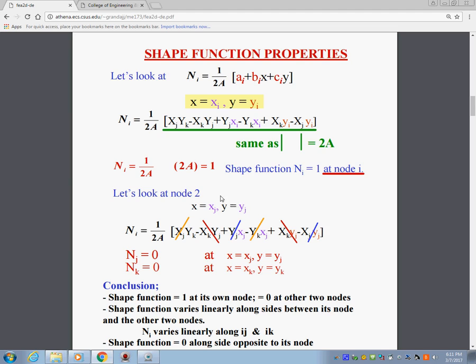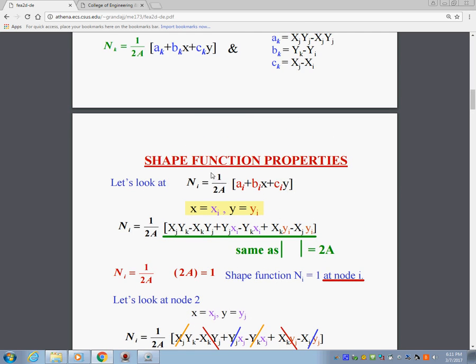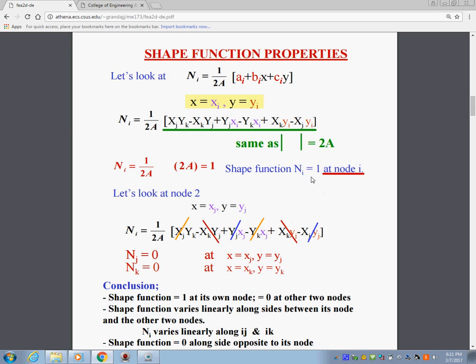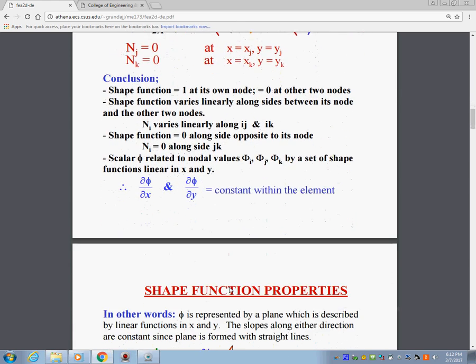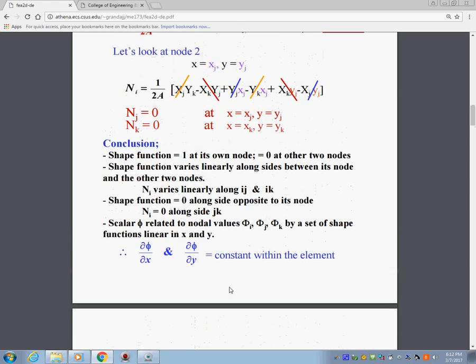if you do this, you're going to see that the shape function expression, this one right here, has a value of 1 at its own node, and it has a value of 0 at the other two, like you see here. N sub j and N sub k are 0 at the other two. Okay, so these are some conclusions we can reach.